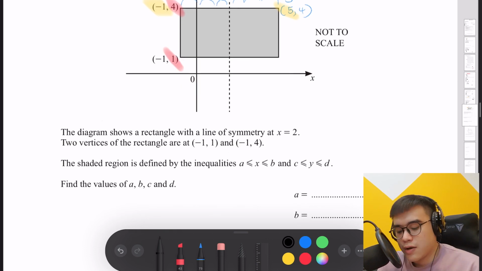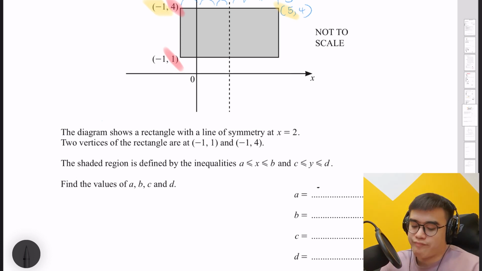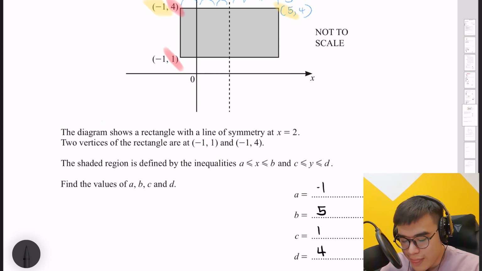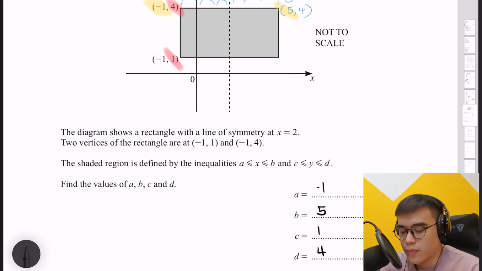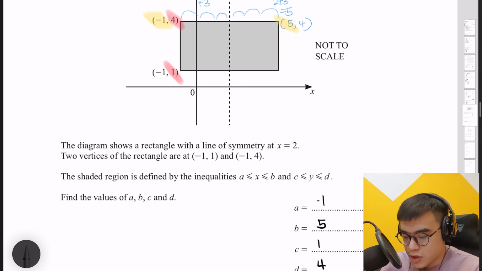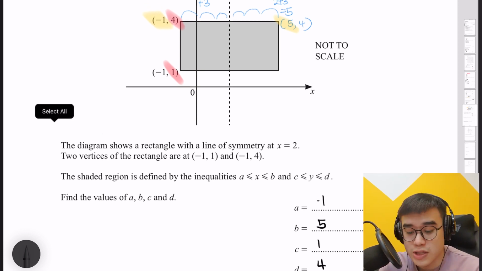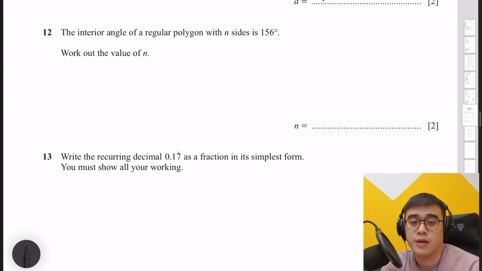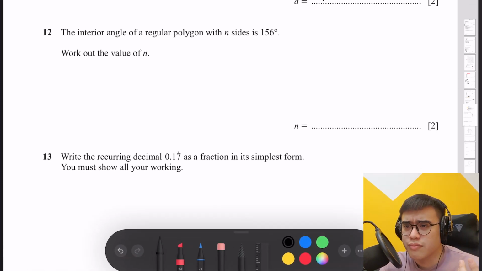So our A here will be -1. Our B will be 5. Our C will be 1. And our D will be 4. So that's how you get this sorted out. This is pretty much it for this particular question. It's quite new, a new type of question here.